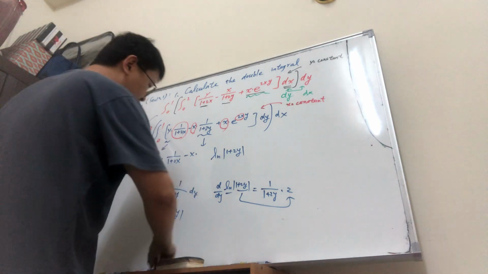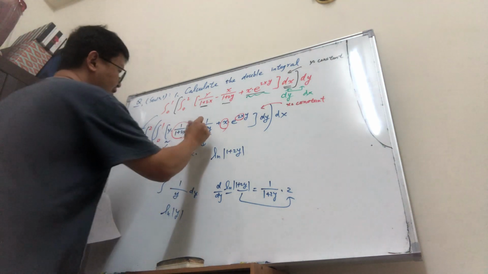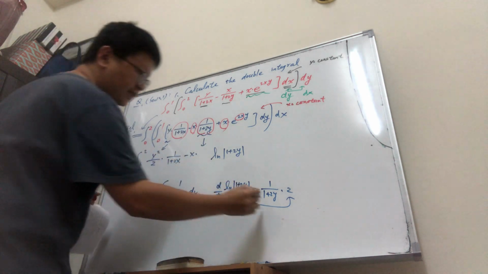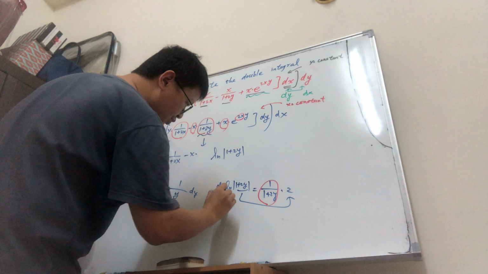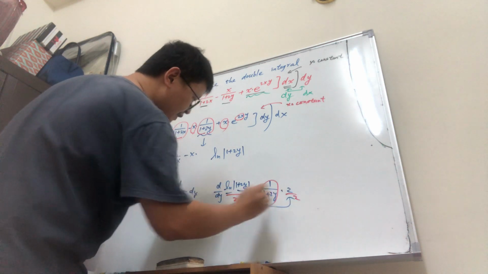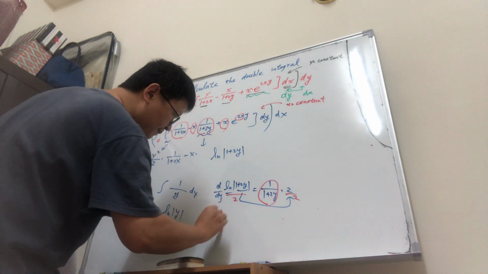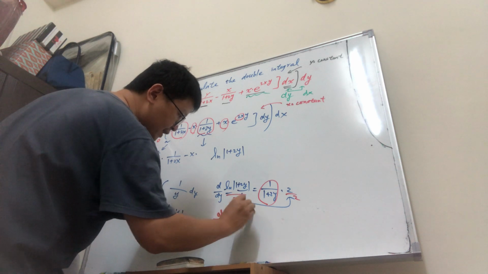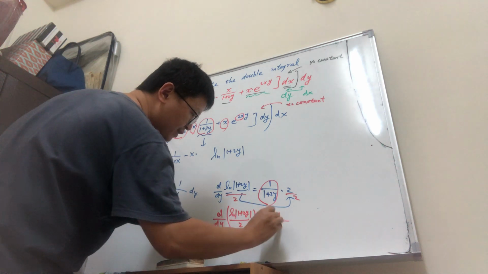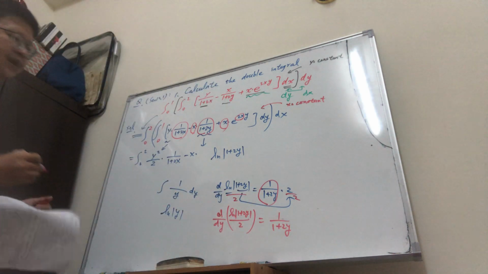But now we consider this one as the integral, so you should divide by 2 on both sides. So actually we have natural log of 1 plus 2y divided by 2, its derivative equals 1 over 1 plus 2y.